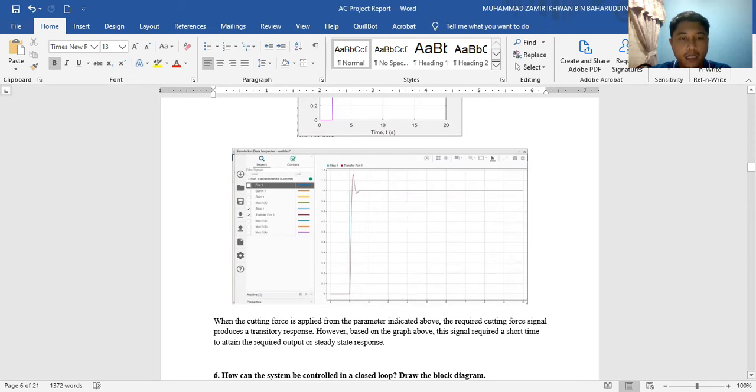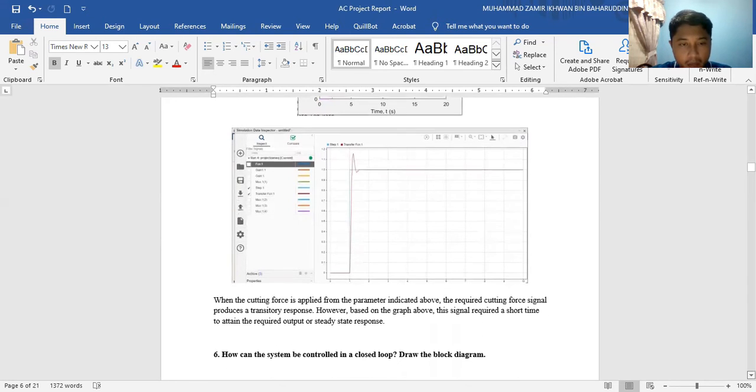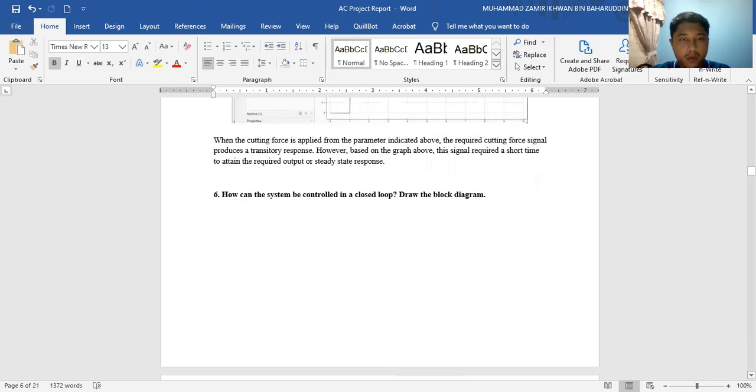When the cutting force is applied with the parameters indicated above, the required cutting force signal produces a transitory response. However, based on the graph, this signal requires a short time to attain the required output, or steady state response.